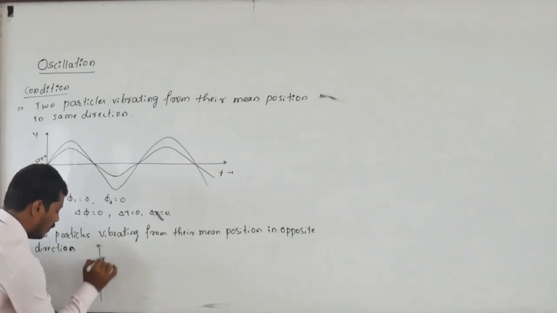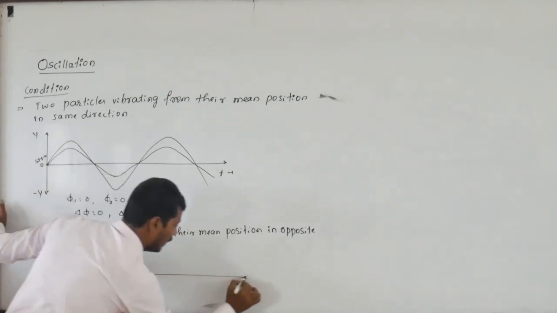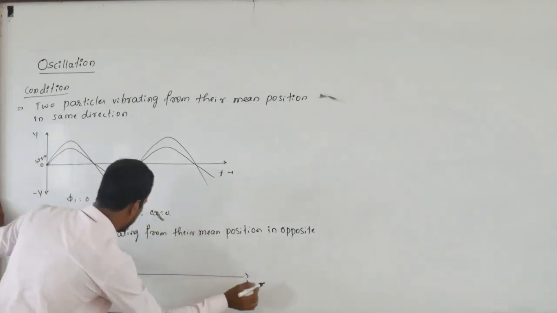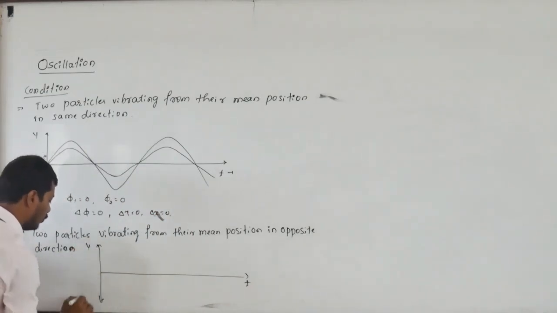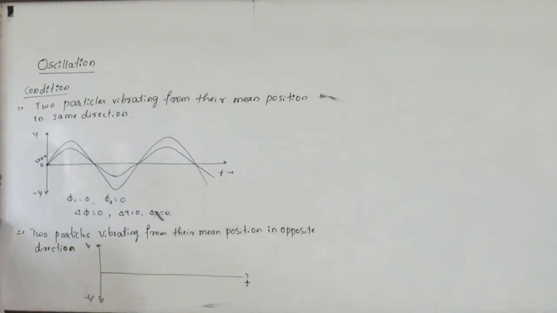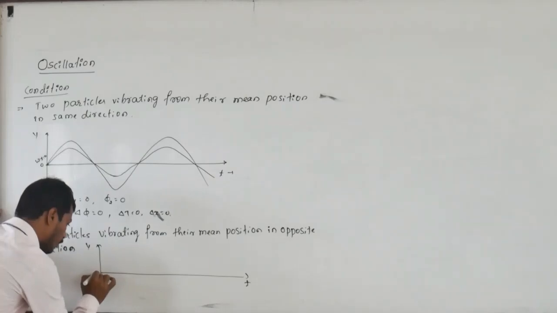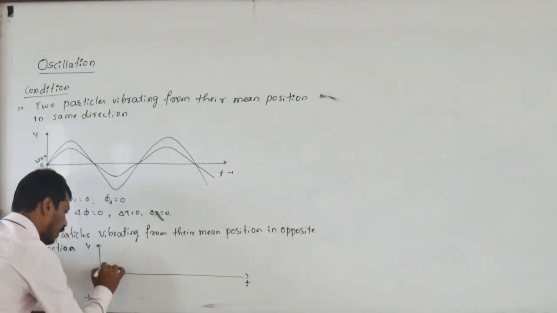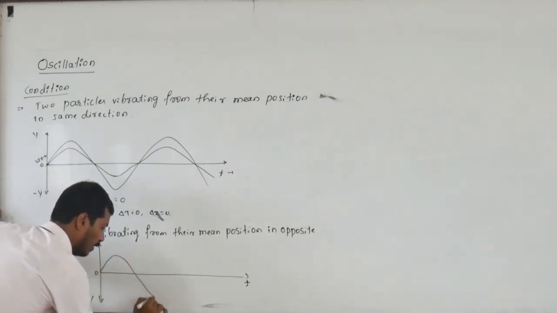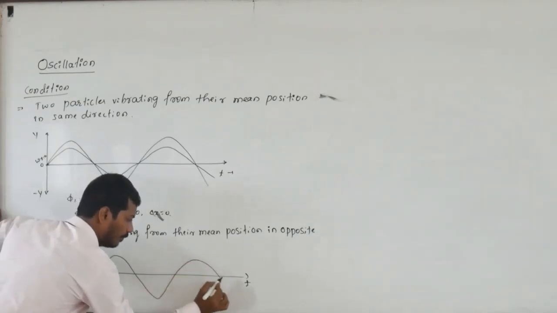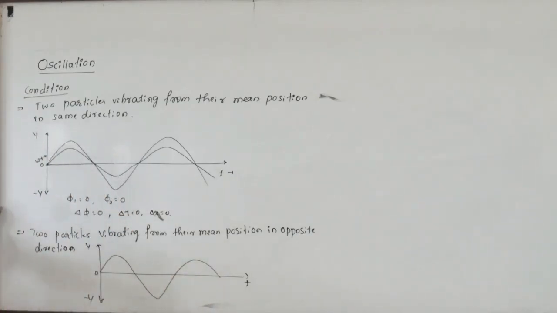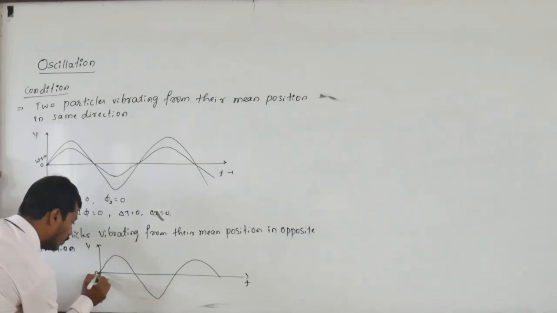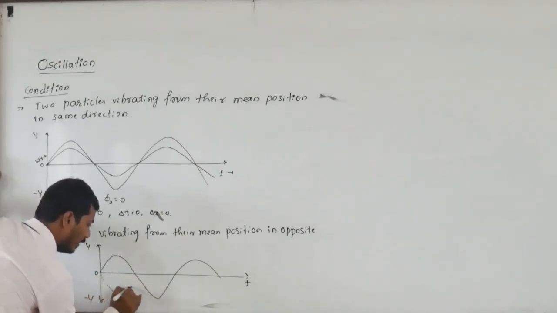This is the y-axis and this is the time axis. Y is positive here, y is negative here. One is moving from its mean position in a positive direction, and another one is moving in the opposite direction from its mean position, like this.